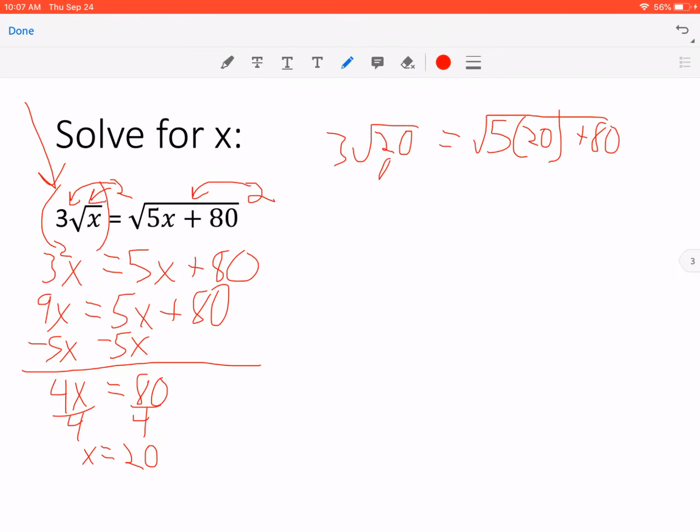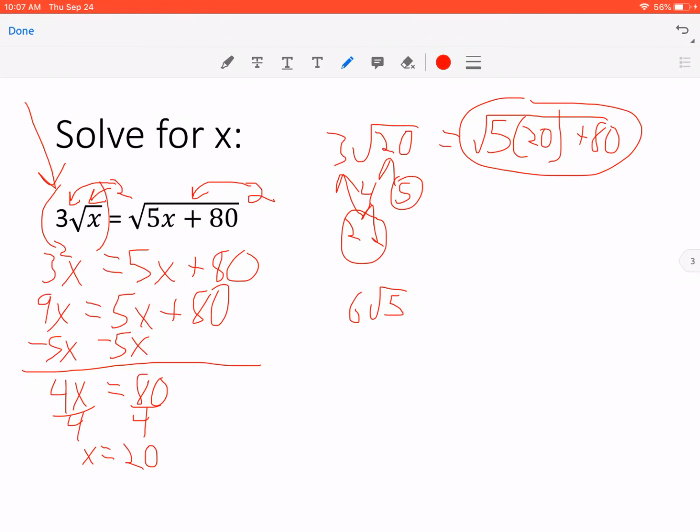Okay, I can break down 20 into 4 and 5, and 4 gives me a pair of 2's, so 2 joins 3, so this is really 6 radical 5. Now if I get 6 radical 5 on this side, I know it's a good answer. So let's do 5 times 20, that's 100, plus 80. Well, then this answer is the square root of 180, but I think we can simplify that.